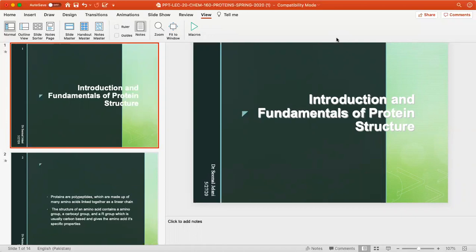A further objective is to know the different primary, secondary, tertiary, and quaternary structures of protein, and to identify the major functions of proteins.